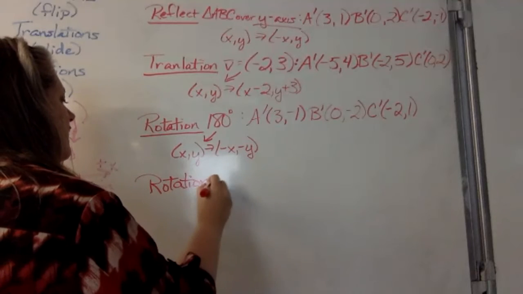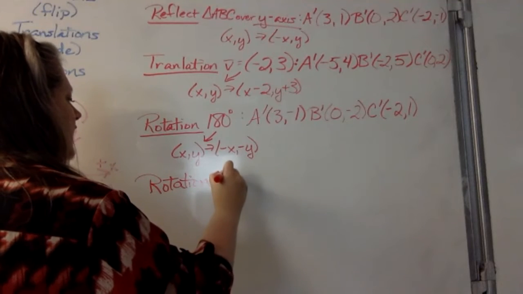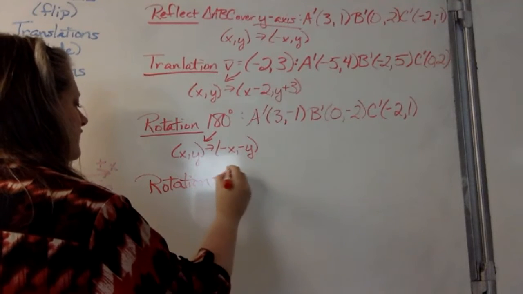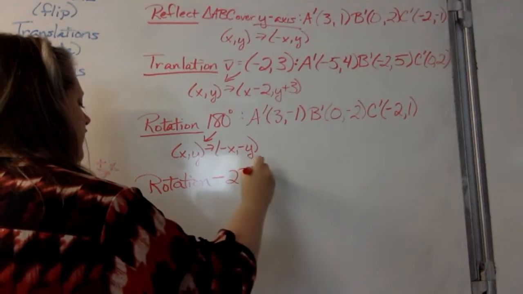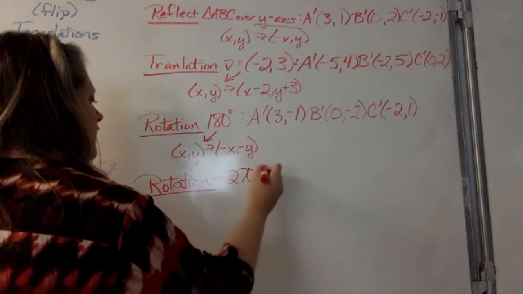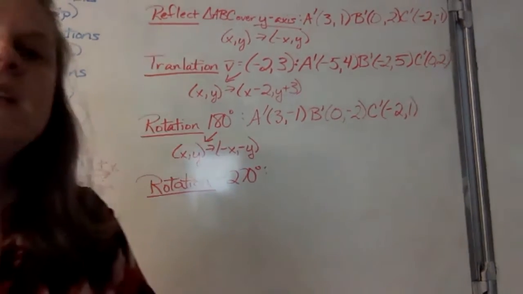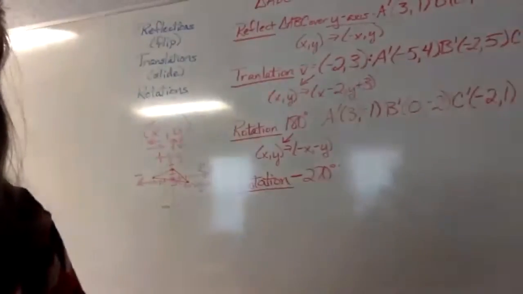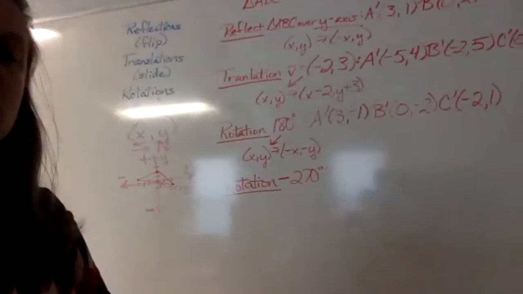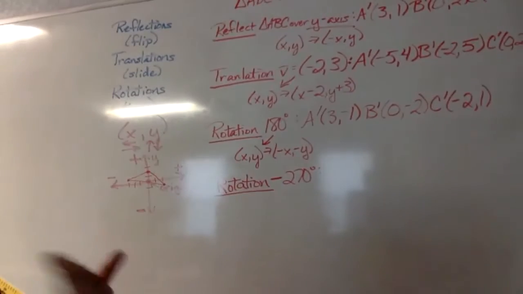Rotation of, let's say, -270 degrees. Okay, so if you look at your notes, negative, I'm going to move so the glare's not on it. -270 degrees is the same as what?